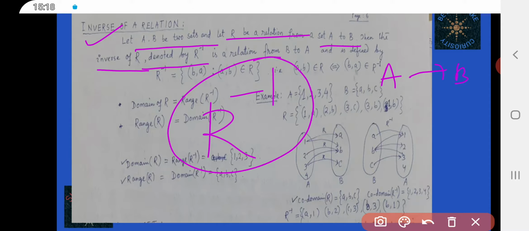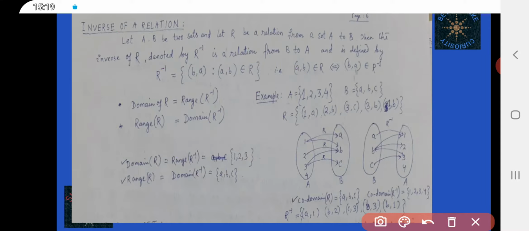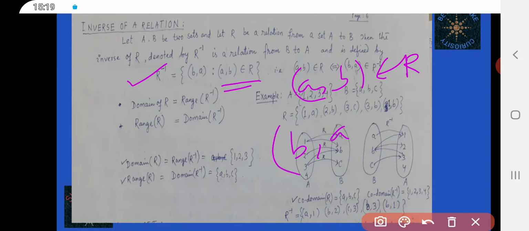Inverse of relation R is a relation from B to A. Here the relation is from A to B, and the inverse of a relation is from B to A. If (A, B) belongs to relation R, then (B, A) belongs to the inverse of the relation. So (B, A) belongs to R inverse.